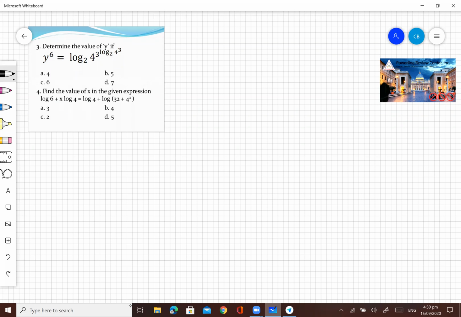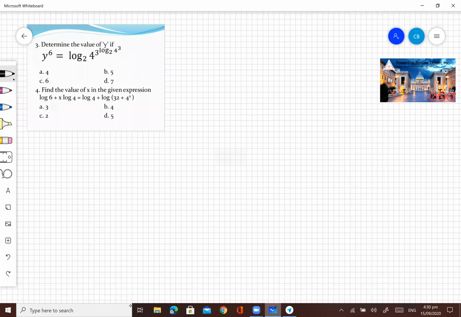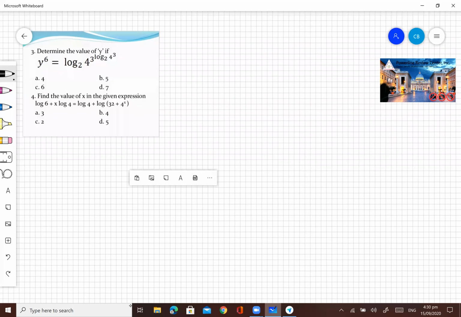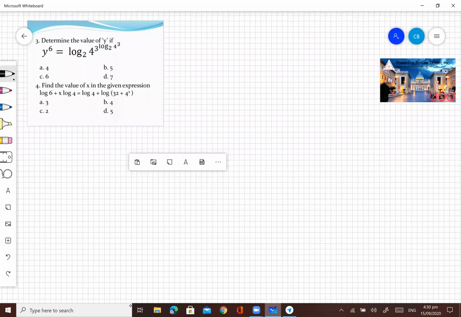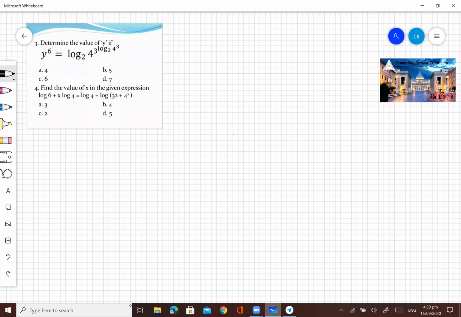Okay, so before natin i-solve si problem number 3, gusto kong balikan yung ating logarithms. Para magamit at alam natin kung paano mag-simplify ng logarithmic equation, kailangan alam natin yung property of logarithms.